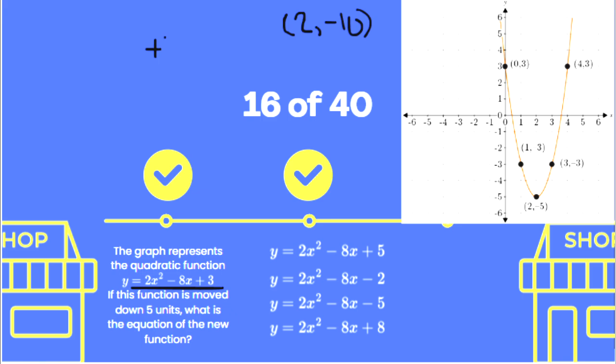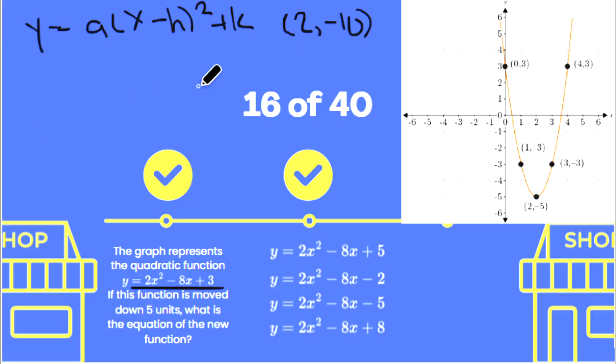Now we're going to use our vertex formula, which is y equals a times (x minus h) squared plus k, and we're going to enter the information that we have and then get it back into standard form so we can figure out what it's going to look like.